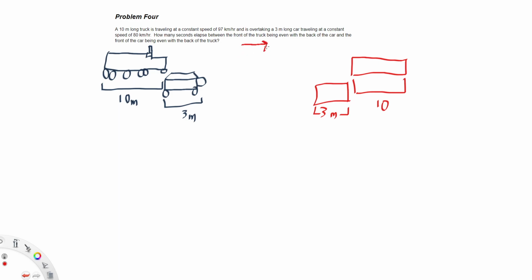We're going to call to the right the positive x direction. And now we have to be a little careful with our coordinates. So what I'm going to do, I think, is say that the front of the car at the first instance, this is where x equals 0.